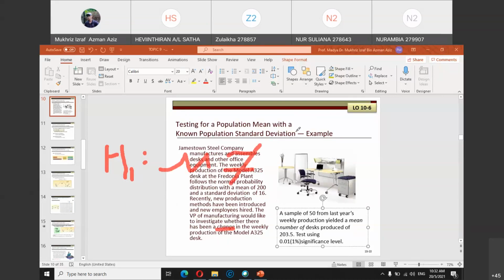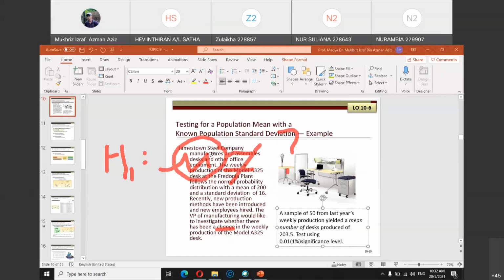The question is, what number do you want to put here? When you write mu, mu means population mean. Just now I mentioned that when you extract the information, you identify which one is the X bar and which one is the mu. That will help you write your H1 correctly.